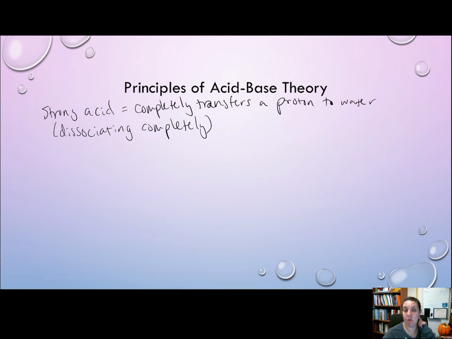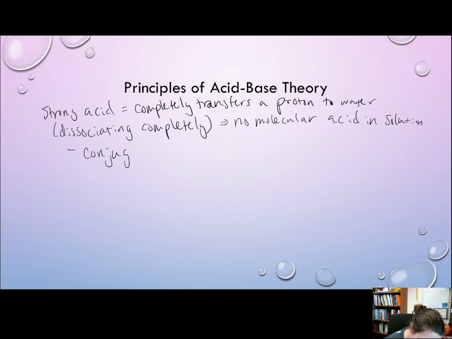So there is no molecular acid in solution. Its conjugate shows negligible basicity.